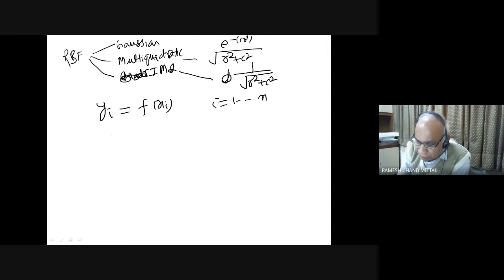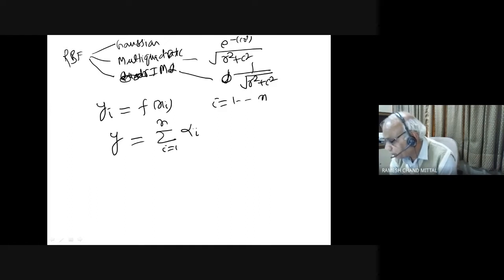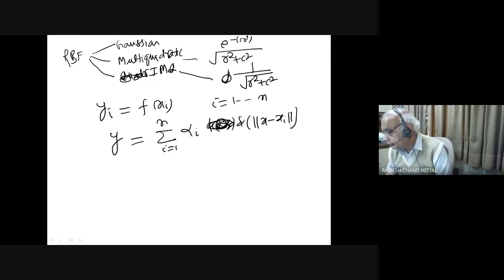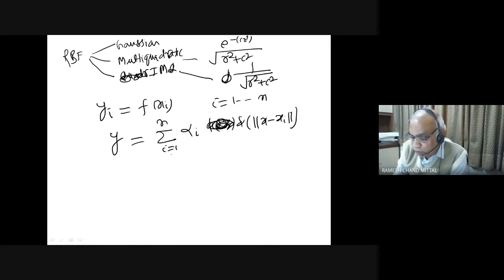So let's say my y I can write as the sum over i equal to 1 to n of alpha_i, the constants which are to be obtained, times phi, which is a function in terms of r. So I write phi of the norm of x minus x_i, where i is there, so I keep on changing my center.